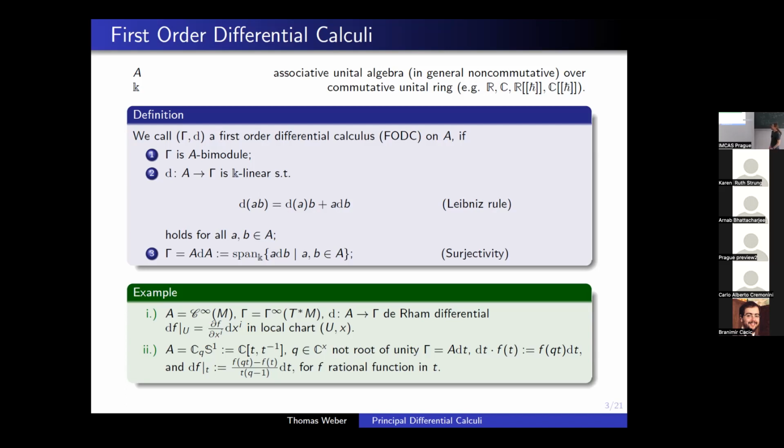It could be anything, any algebra A, and usually just over a ring K. So you can think of the real or complex numbers or some formal power series or something crazy. I mean, everything is possible. And then a first order differential calculus on this algebra A is this tuple gamma comma D, where gamma is just an A bimodule and D is a linear map satisfying the Leibniz rule.